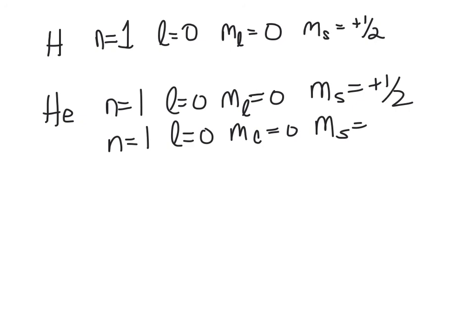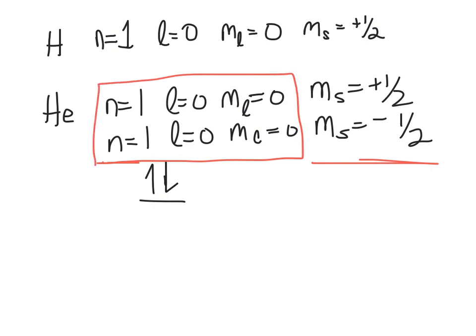You'll notice that they only differ by the 4th quantum number, the spin. One will spin up, one will spin down. The first 3 quantum numbers are the same because this identifies the orbital that they are in. They're in the 1s orbital.